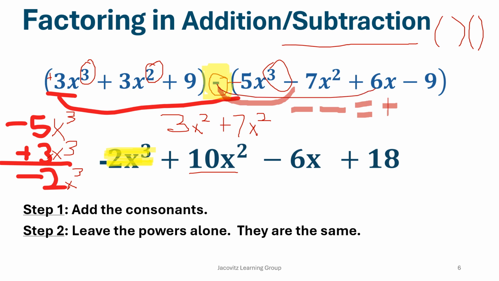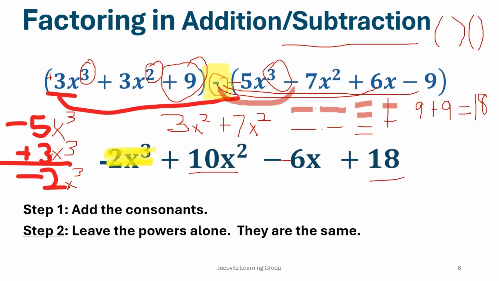This comes over here and this becomes -6x. This is a +9. Your constants stay together. +9, the same negative comes over here. Negative times a negative equals a positive. So that is 9 plus 9 equals what? 18.